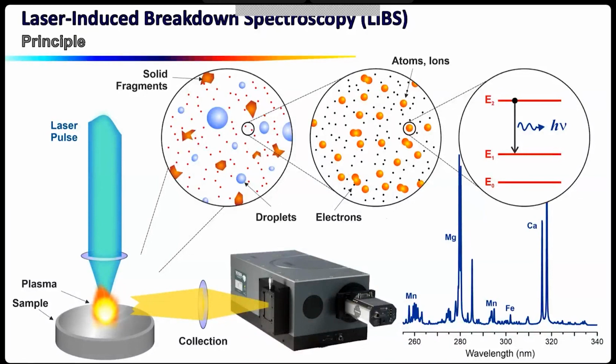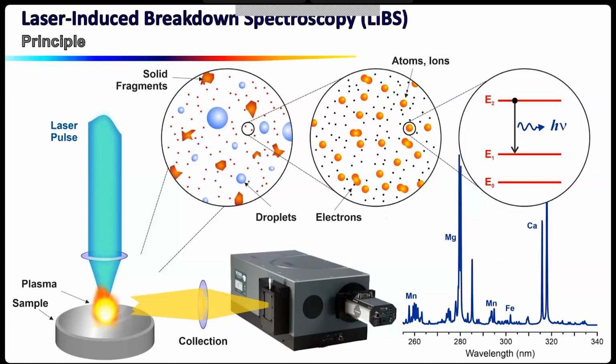And beyond this light, you will have the relaxation, the cool down of atoms and ions, that will go back to their fundamental level by cooling down. And in this process, you will have the emission of a lot of photons that are very characteristic, with very precise energy related to the atomic structure of the atoms.